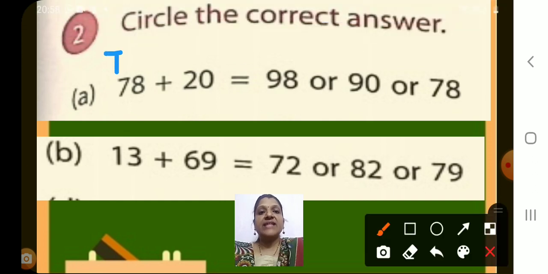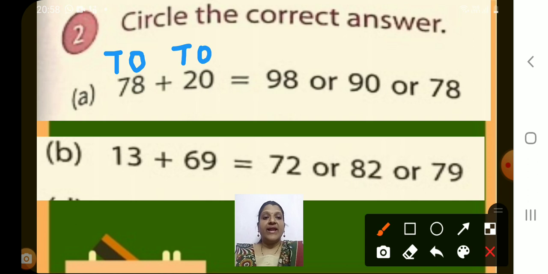So 7 is at the tens place and 8 is at the ones place in 78. And in 20, 2 is at the tens place and 0 is at the ones place. So while doing addition of two-digit numbers, we add numbers at the ones place first. So which are the numbers at the ones place? 8 and 0. So 8 plus 0 is 8.